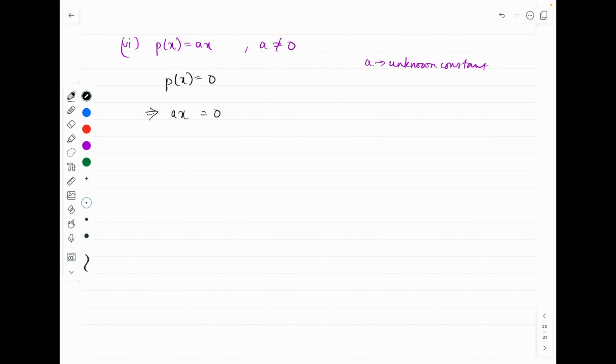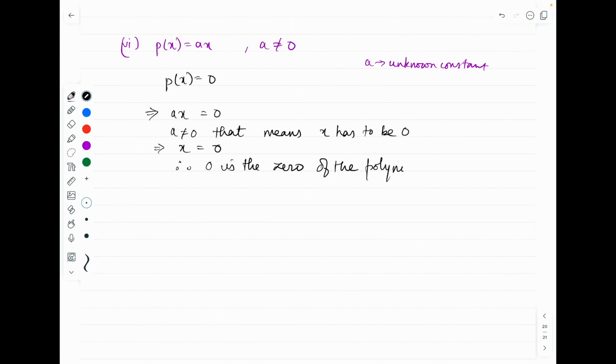A is not equal to 0. That means x has to be 0. That is x equals 0. Therefore 0 is the zero of the polynomial ax, where a is not equal to 0.